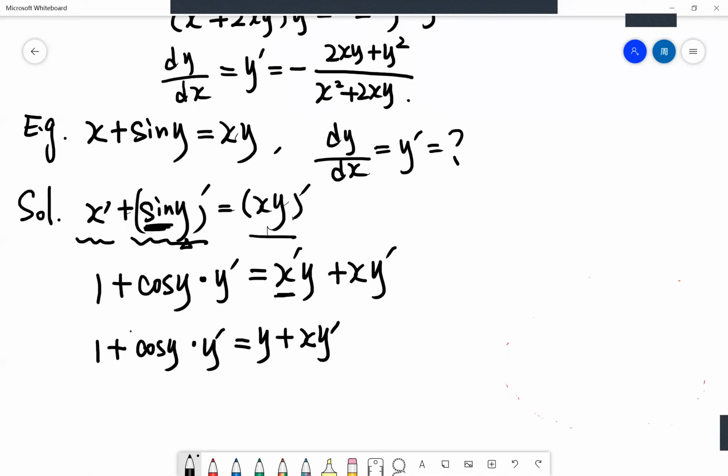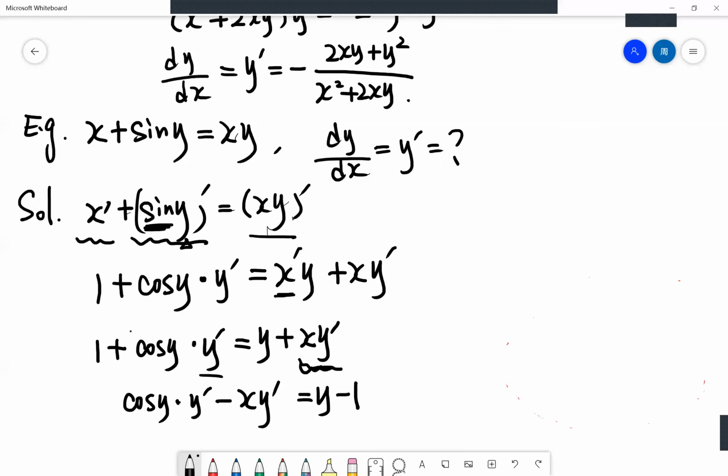And we make all the y prime terms on the left and others on the right. So here that is cosine y times y prime minus x times y prime. We change x times y prime from the right to the left and it equals y minus 1.